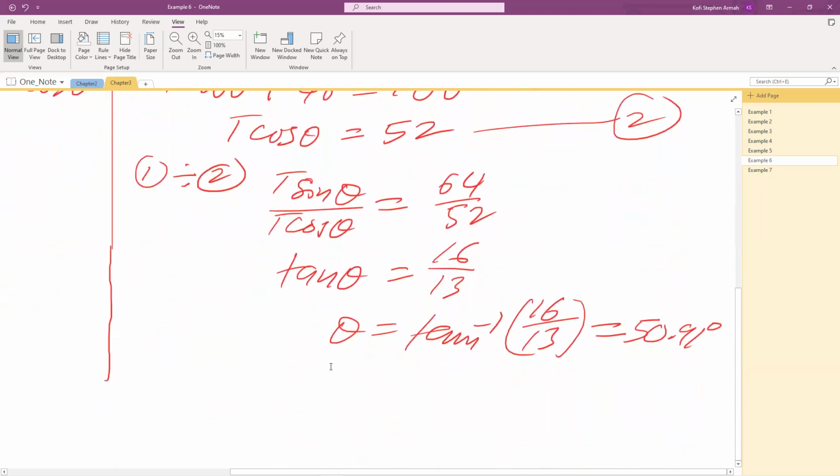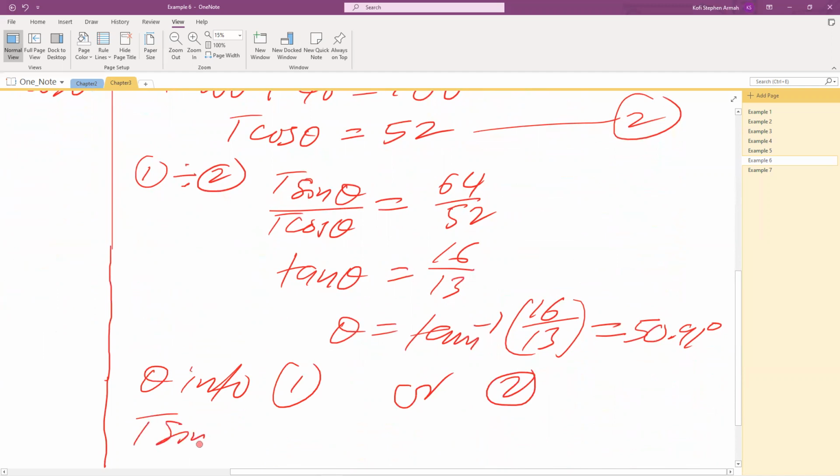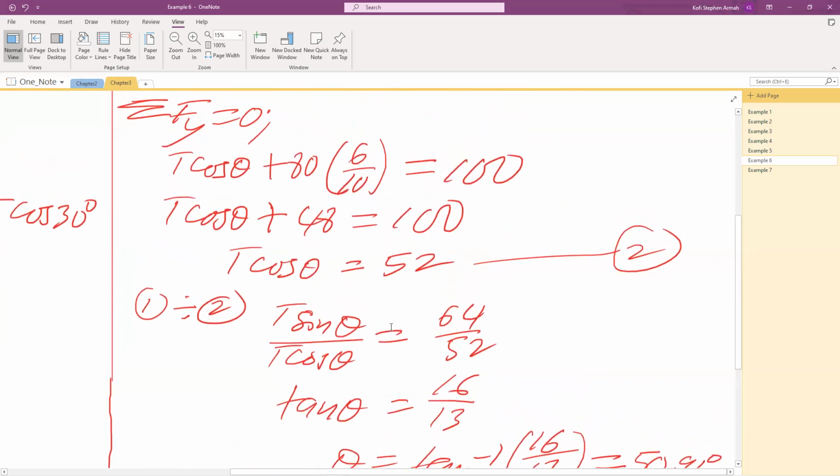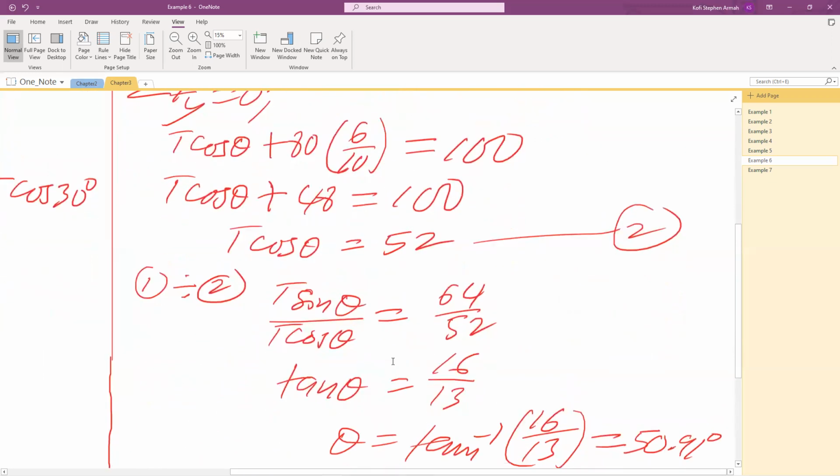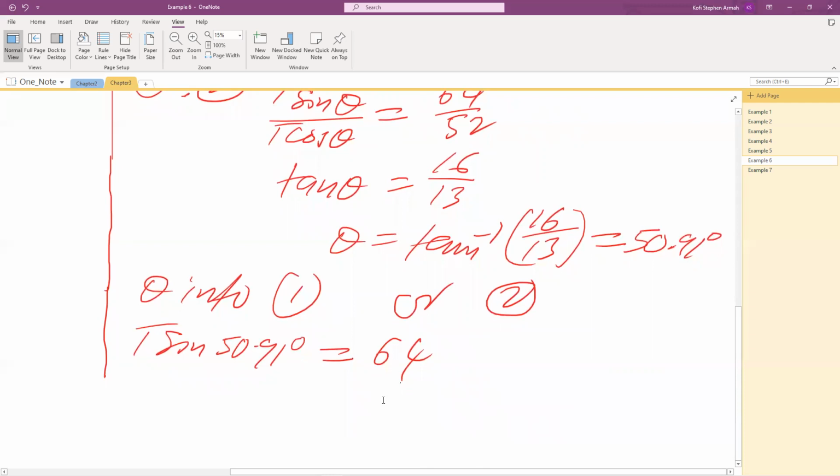Okay. So theta into 1, or somebody else can use 2. Let me use 1 here. If you use then the t sine 50.91 degrees, whatever it is, equal to 64. Let me check what I have. Equal to 64. Then you just use the calculator. I have my 50.906 something.